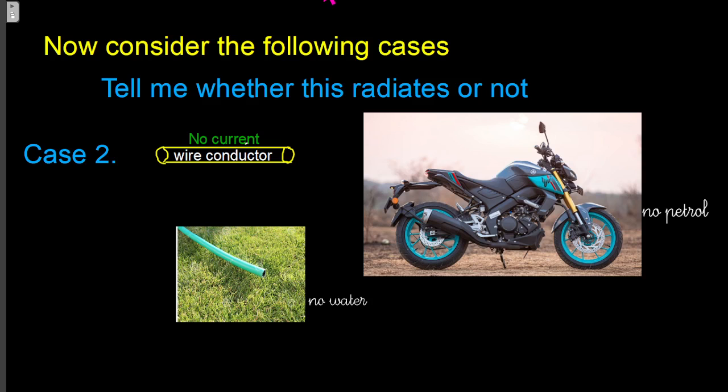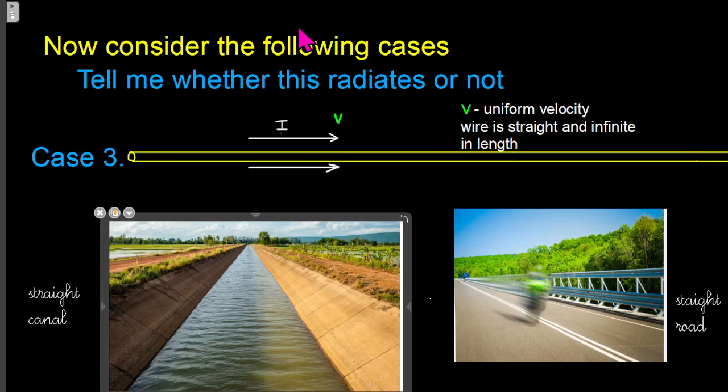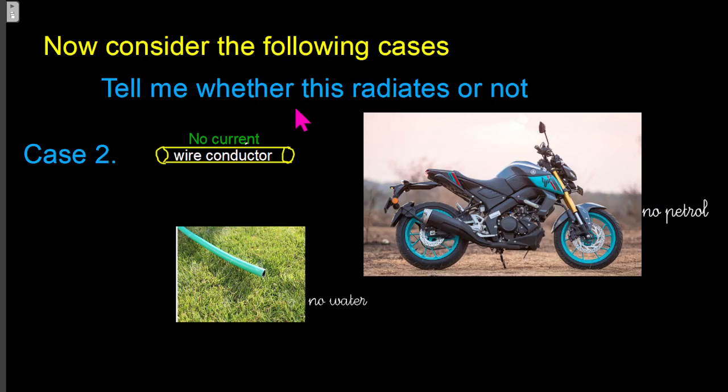If you take the second case, here the vehicle is there, the container is there, the wire is there, but no current. Here no petrol, here no water. So definitely there is no talking about leakage, no energy loss, so no radiation.